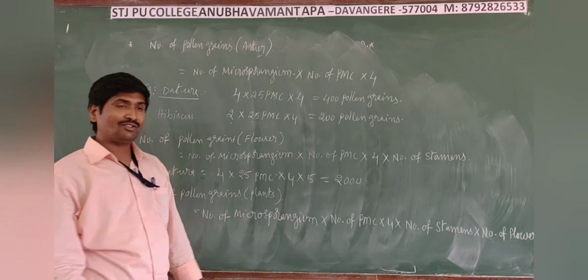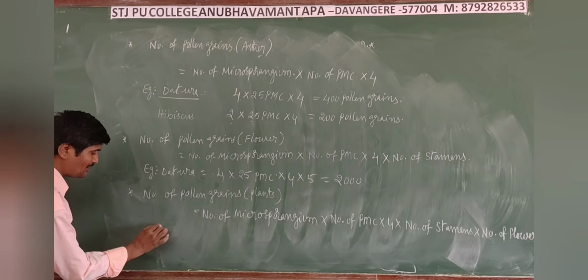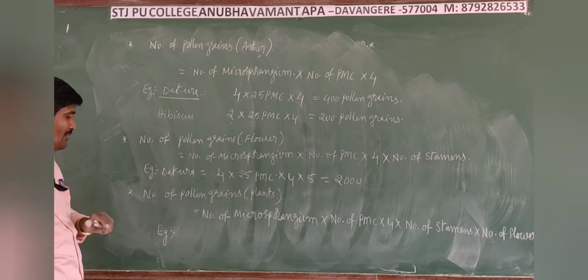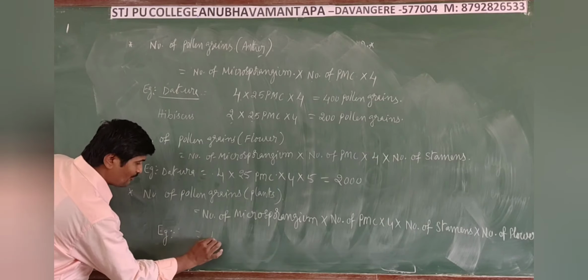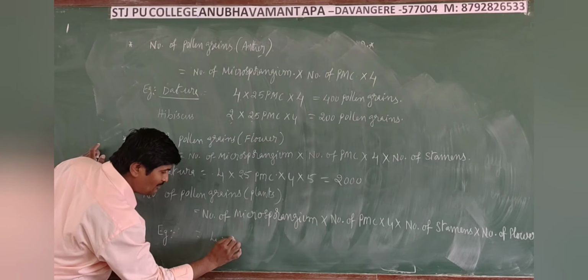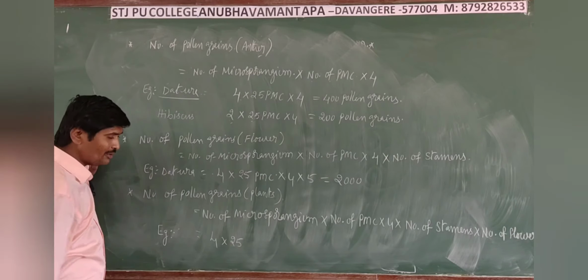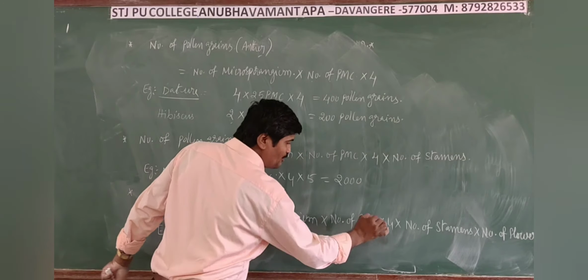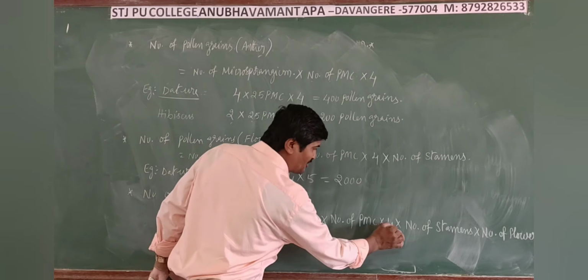Take the same example, Datura, the plant contains, for example, 10 flowers. 4 tetrasporangiate. The number of pollen mother cells, for example, 20 into 4, as each pollen mother cell gives rise to 4 microspores.